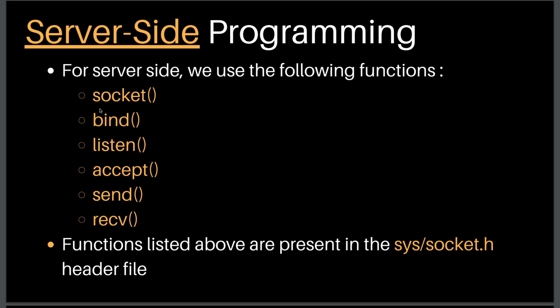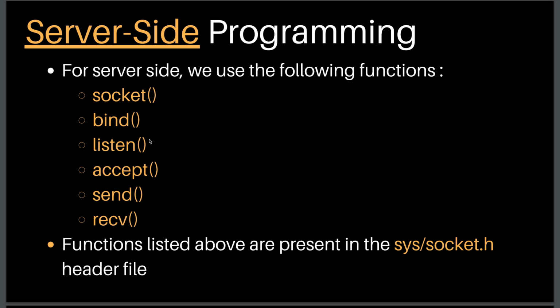First, we use the socket function to create a socket object, and we will create a TCP socket which uses IP version 4 for communication, right? Then we use the bind function to bind a server on a particular port and host, and the host in our case is going to be our Kali Linux machine.